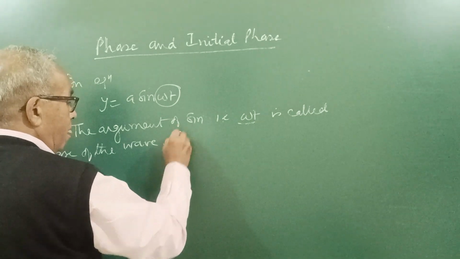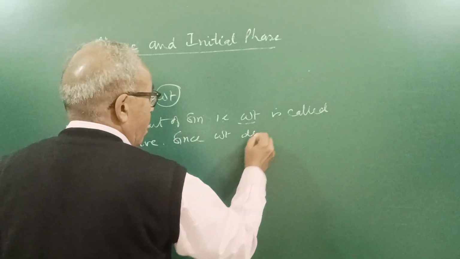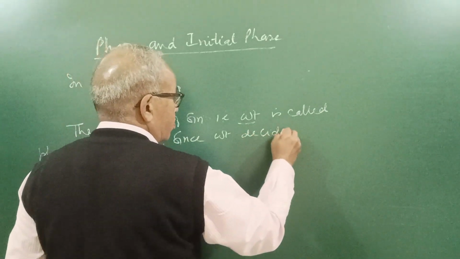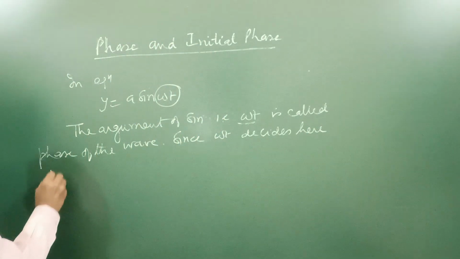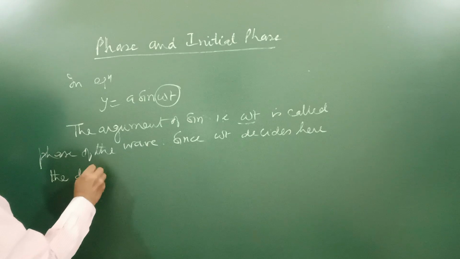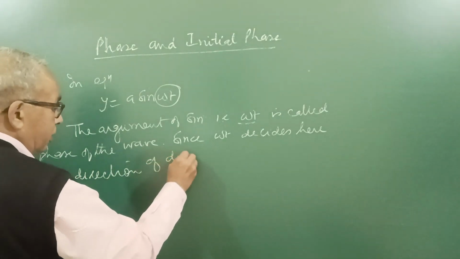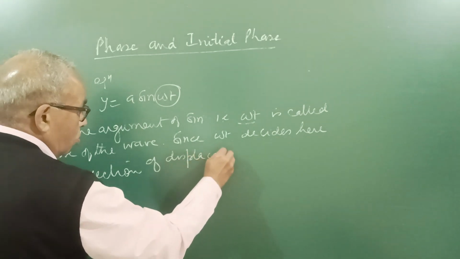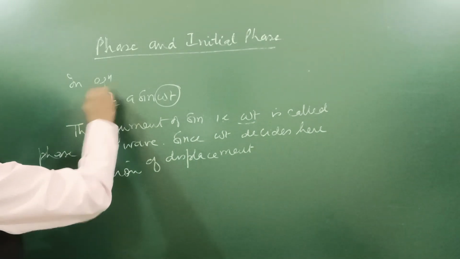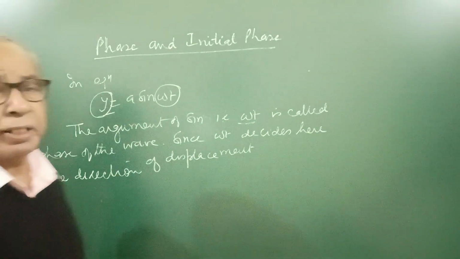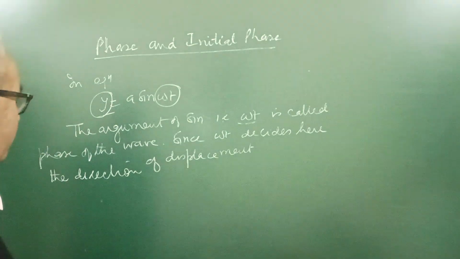since omega t decides here the direction of displacement or position vector, because we can call y displacement or position vector of a body performing SHM.